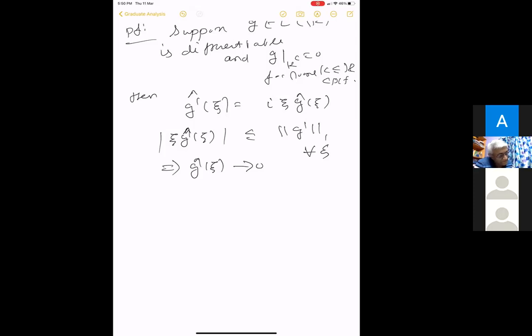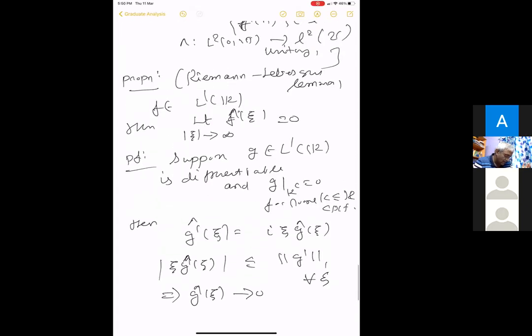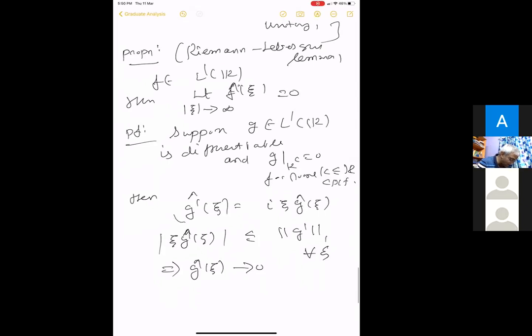Let me repeat this. I'm saying that you take a function G in L1 of R, which is differentiable and has support in a compact set. So G has support in a compact set, G prime exists, G prime is also integrable, G is also integrable.